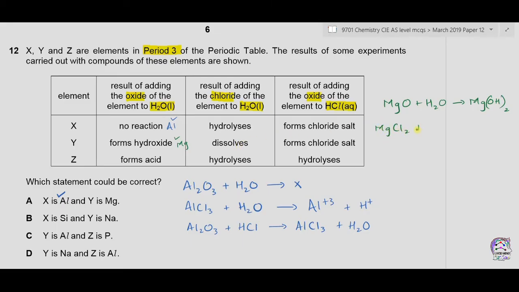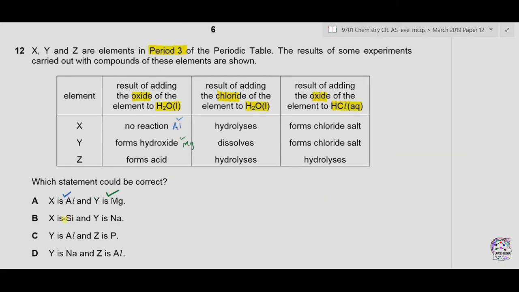Magnesium chloride is water soluble, so therefore this is also correct. Third one is that magnesium oxide reacts with HCl to form salt, as magnesium chloride salt is formed, so therefore this is also correct for magnesium. So X could be aluminum and Y could be magnesium.